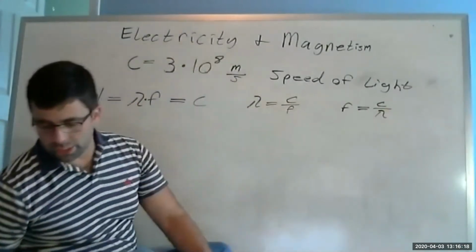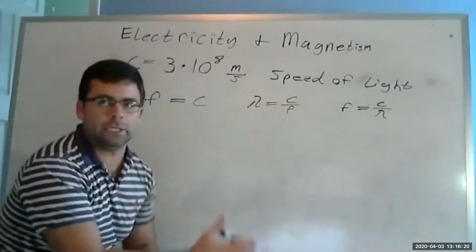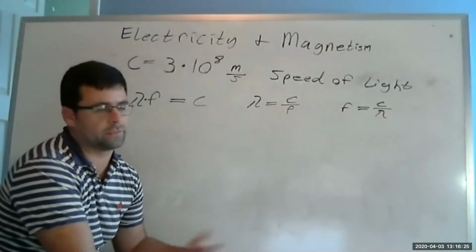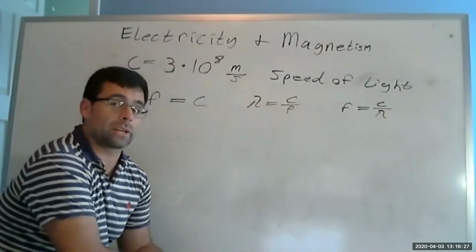The point is that for any wavelength of light, there is a specific frequency, and vice versa, which is very different from other kinds of waves.